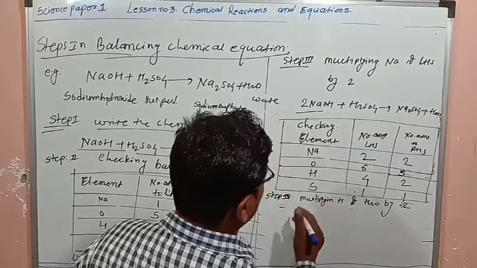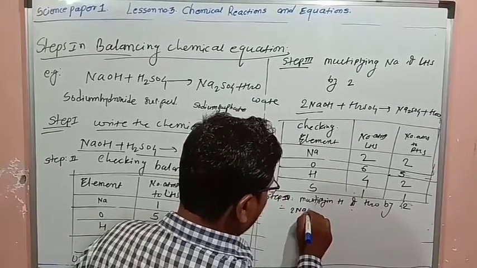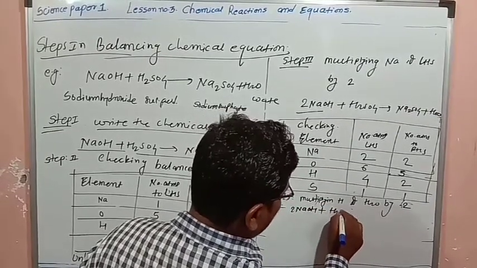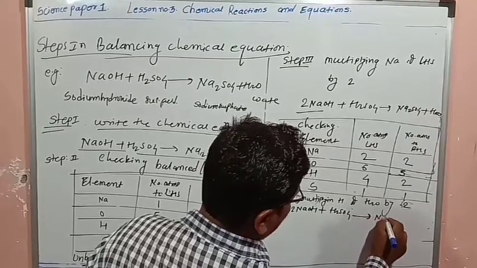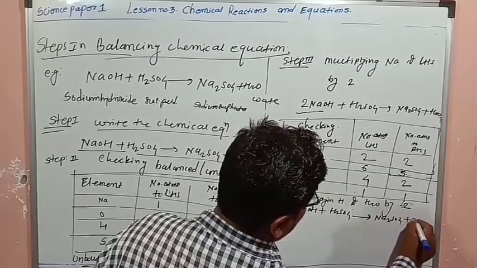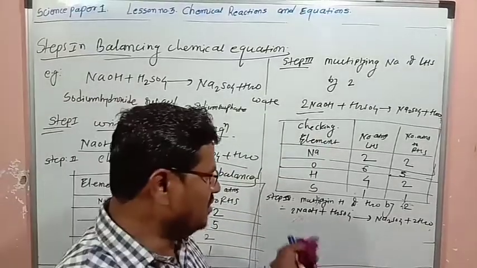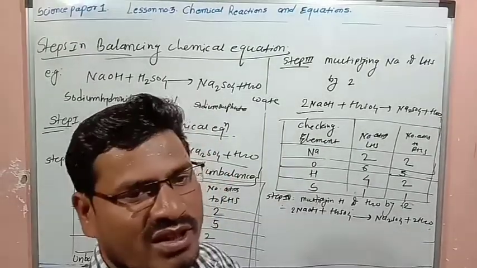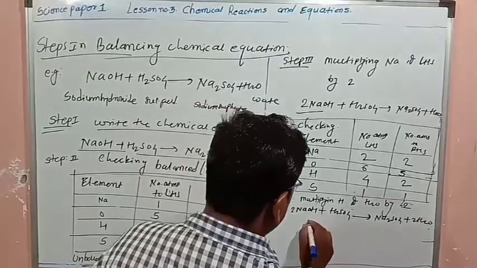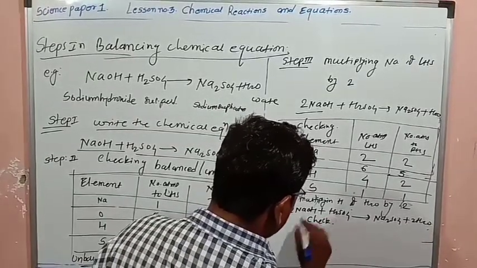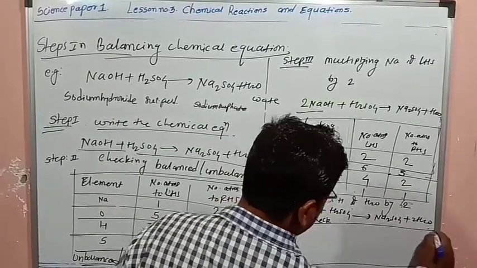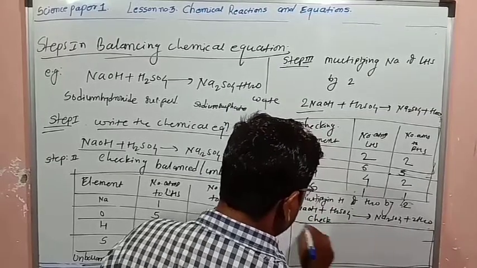So the chemical equation will become twice NaOH plus H2SO4 gives Na2SO4 plus twice H2O. This chemical equation again you have to check. In this you are going to make columns.